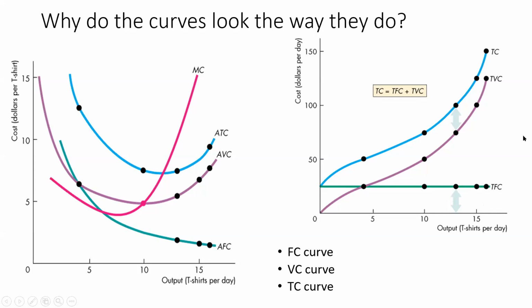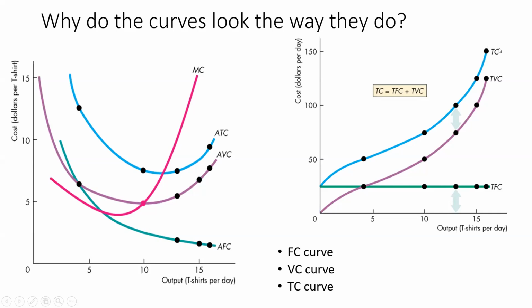Now, if you ever see three curves like this and you're asked to guess which one is what, remember the one that is stable, the one that is a flat line that is not fluctuating, because it is constant, it has to be fixed. Hence, it is the total fixed cost. The ones that vary have to be total variable cost. Now, between these two curves, how do you know if the one here is total variable or the one here is total variable?